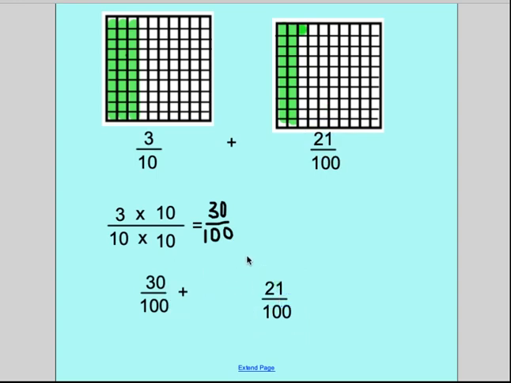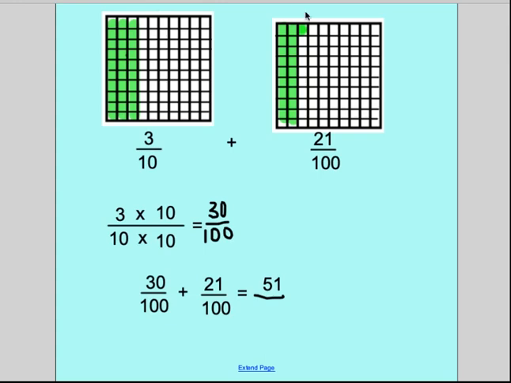Okay, so now we can just basically add them, right? All the pieces are the same. So all we have to do is 30 plus 21. 30 plus 21 hundredths is the same as 51. Okay, now here's the tricky part. Do you add the 100 and the 100 together, or do you just keep it 100?